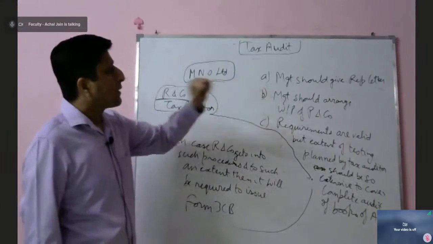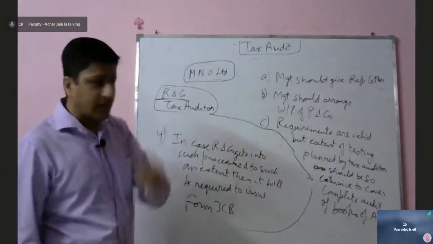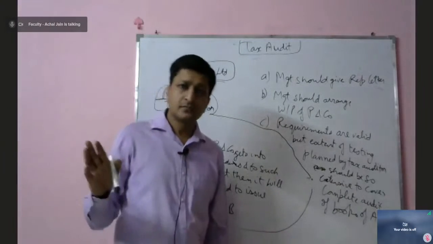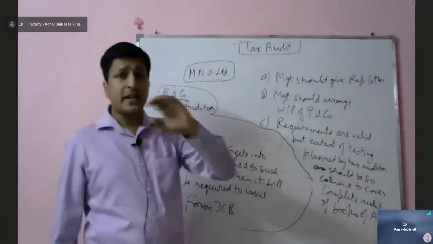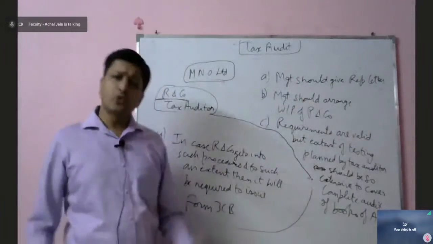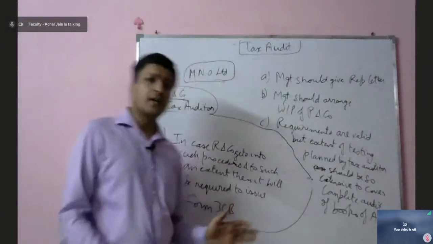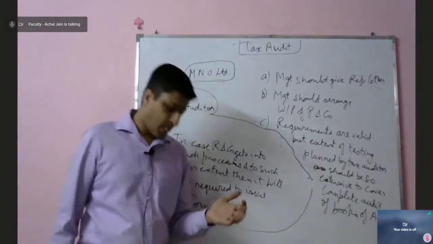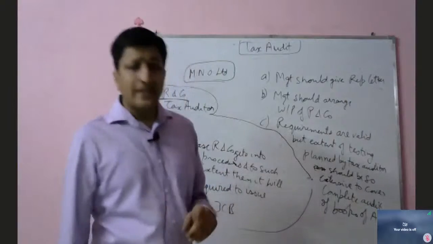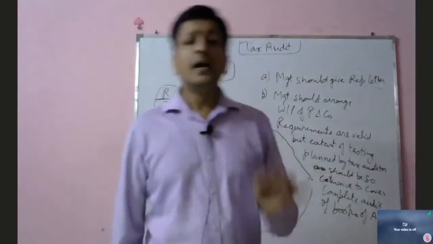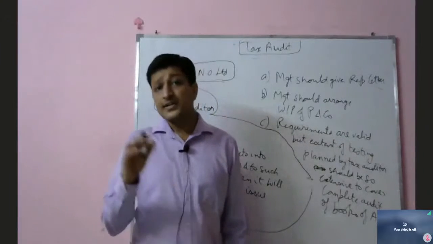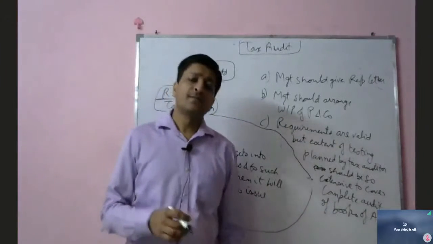First is, management should give a representation letter, and that should be considered as good enough. So this was not a completed sentence, and that should be considered as good enough by the tax auditor in respect of the requirements he has raised. Now, on the management representation, if you remember, there is an auditing standard. And what does that auditing standard say?